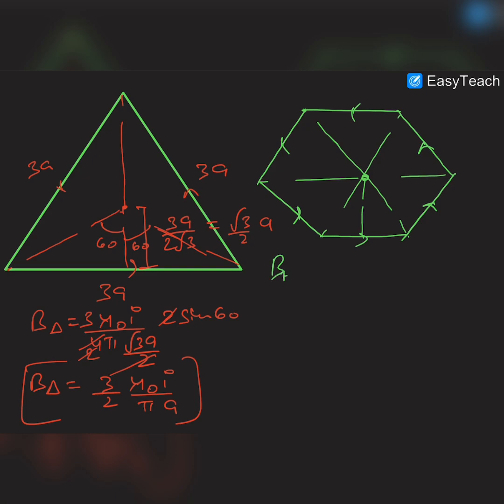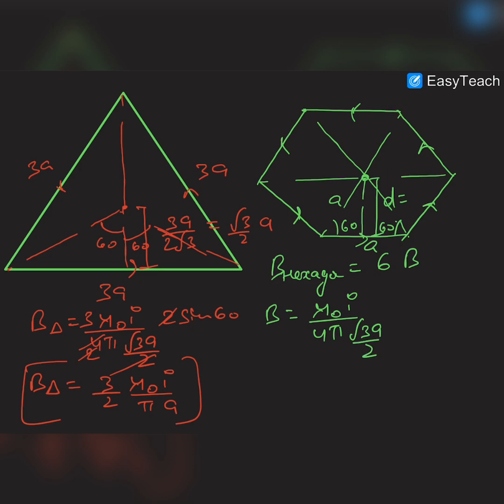So B due to hexagon will be equal to 6 times B of one wire, and B of one wire will be equal to mu naught I by 4 pi A. Now this side is A and this angle is 60, and therefore this d, which is also A, will be equal to A cos 30, which is A into root 3 by 2.